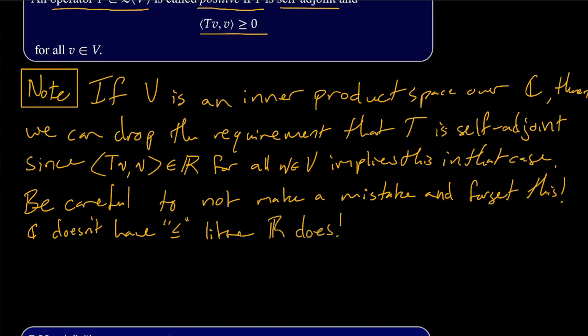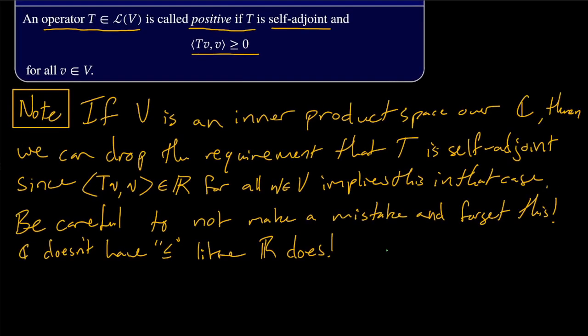Okay, now that I'm done writing this long thing while talking slowly, let me say something more about it. So the important piece here is that, hey, if you've got V, an inner product space over C, then you can drop the requirement that T is self-adjoint, since having the inner product of T v with v real for all v says that T is indeed self-adjoint.